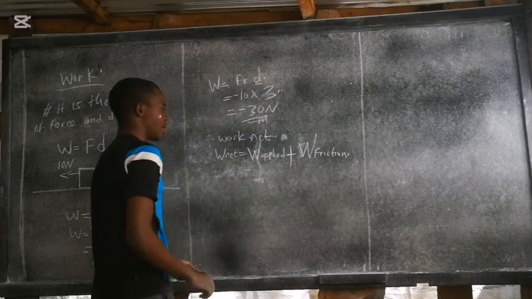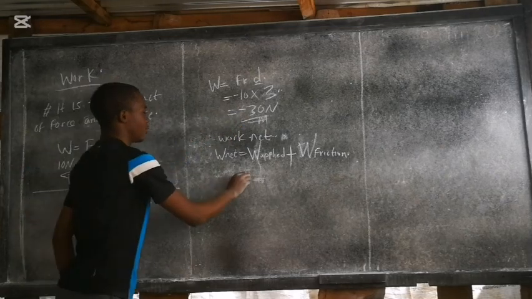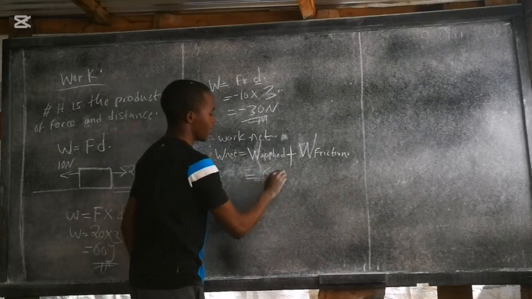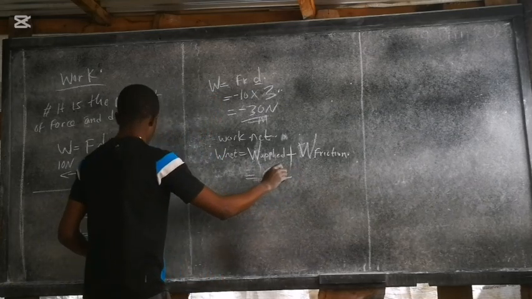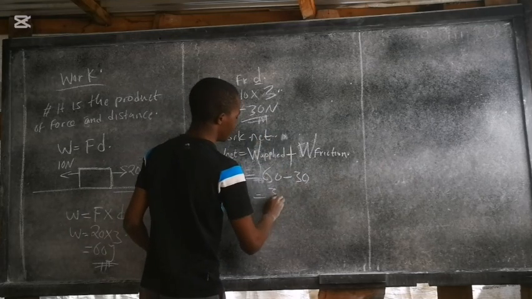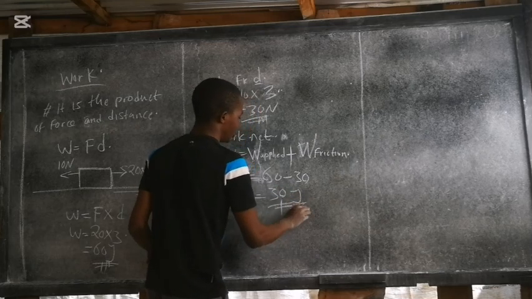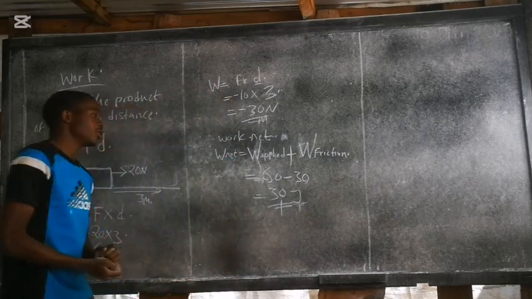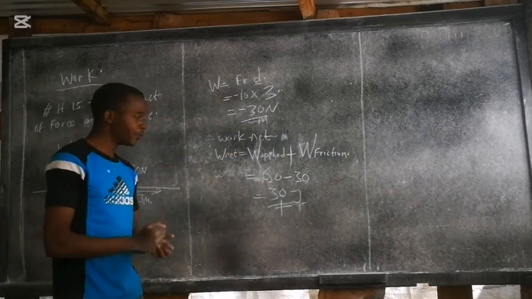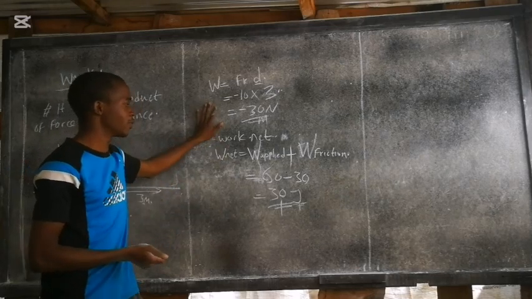But we just add, because the friction work is negative. So there we just do 60 minus 30. It's giving us the net work is 30 joules. End of question. That is the only thing we need to know.